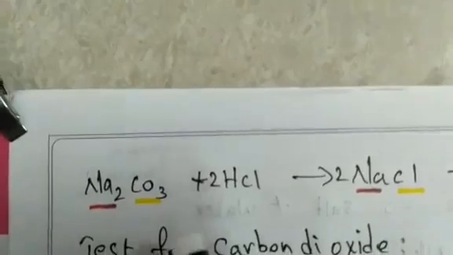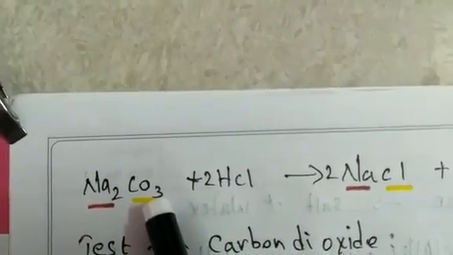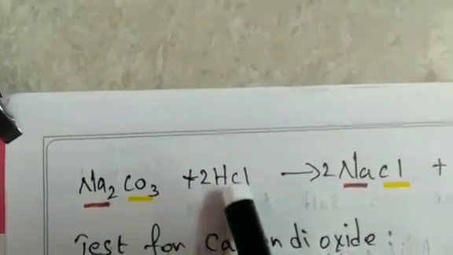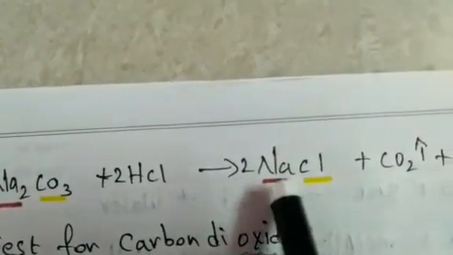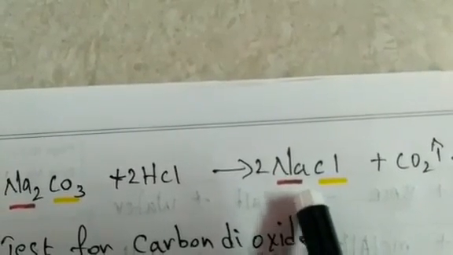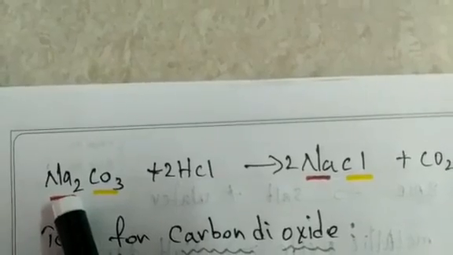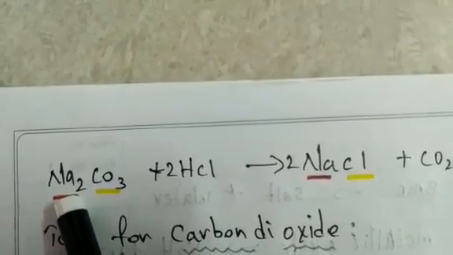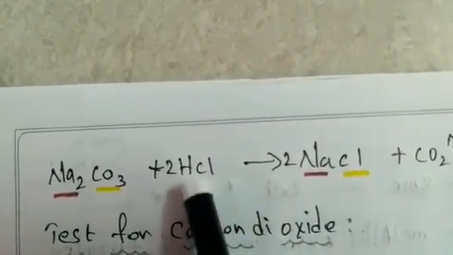Now the chemical reaction: sodium carbonate, known as metal carbonate, Na2CO3, plus HCl, hydrochloric acid, on reacting gives us sodium chloride, which is also known as metal salt. Why? Because the metal comes from the cation part of the base and the anion part comes from the chloride.